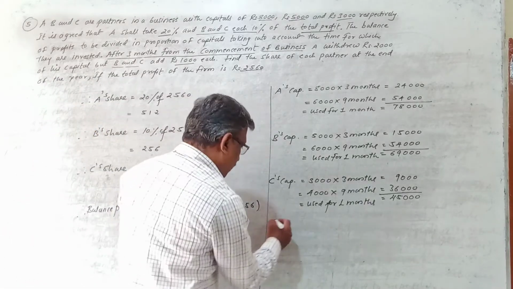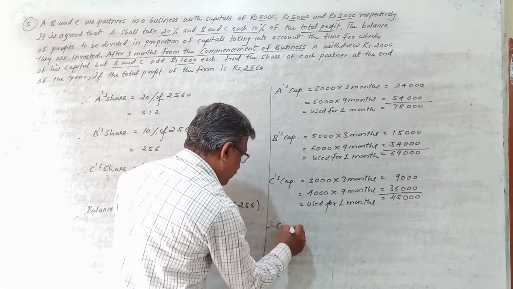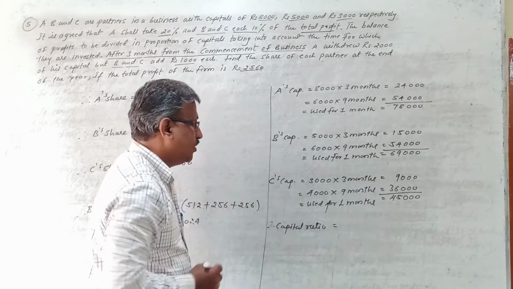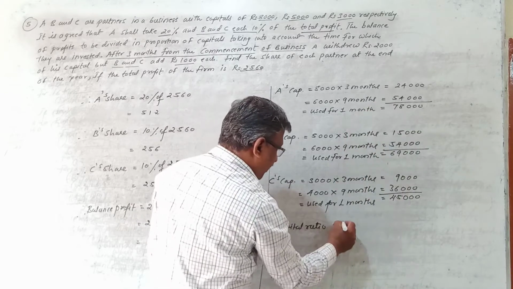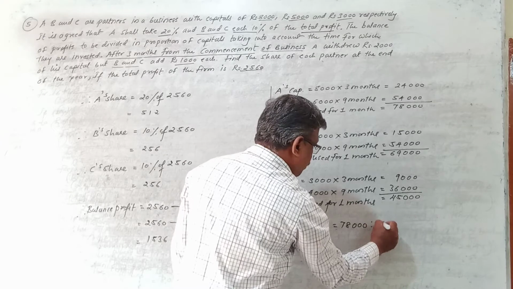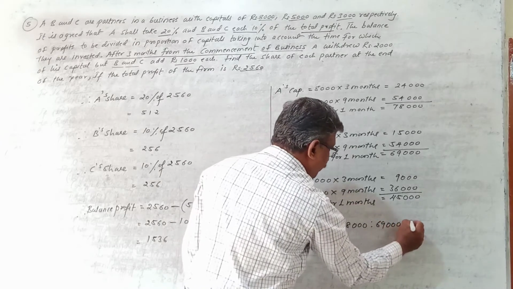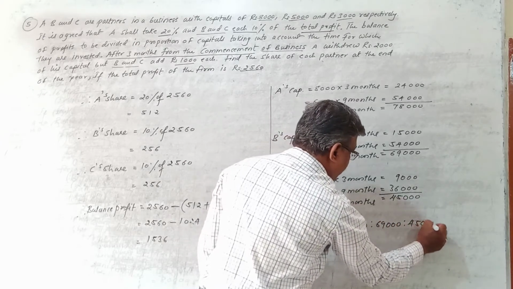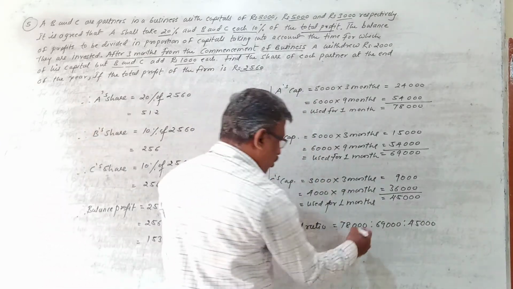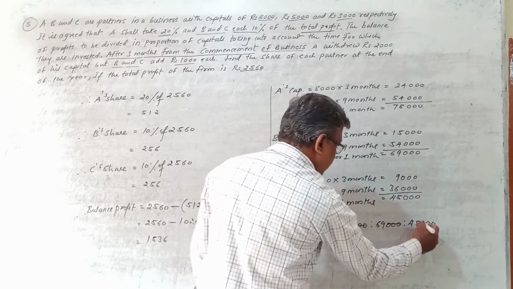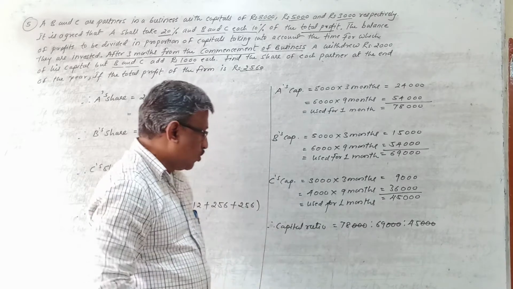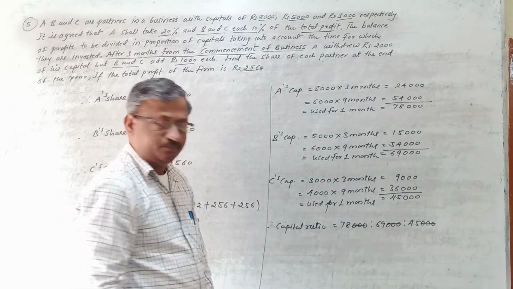Now let's calculate the capital ratio. Capital ratio is equal to 78,000 is to 69,000 is to 45,000. Here the common 3 zeros get cancelled, and further, if these numbers are divisible, you divide. All these 3 numbers are divisible by 3.